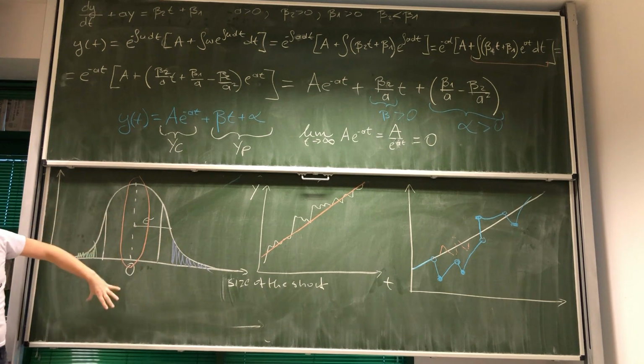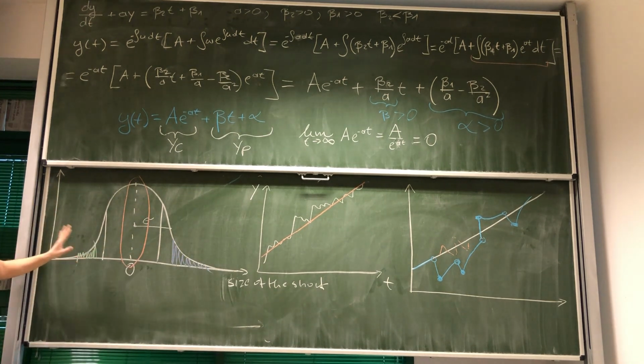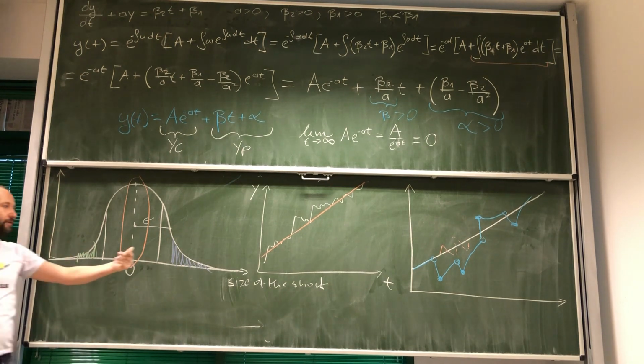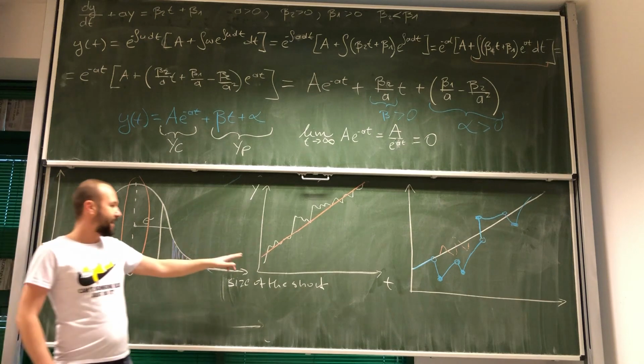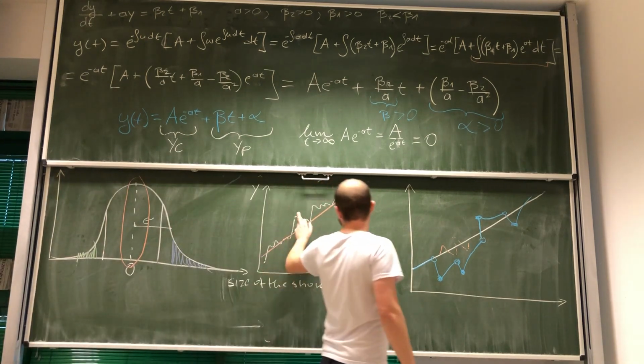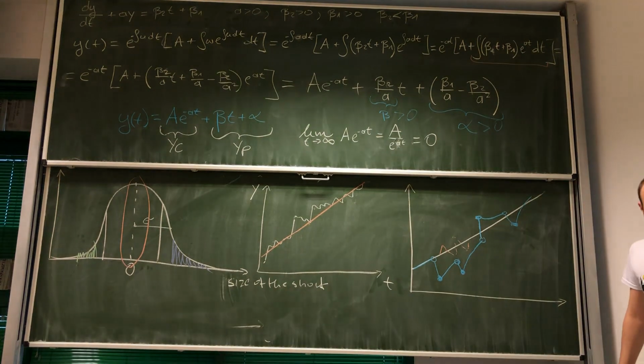Most of those shocks are rather tiny, but just some of these shocks are either very bad or very good for the economy. We will get a graph that looks exactly like this.